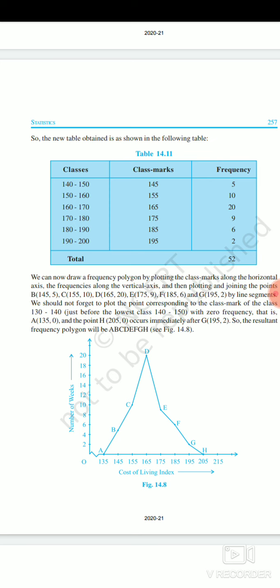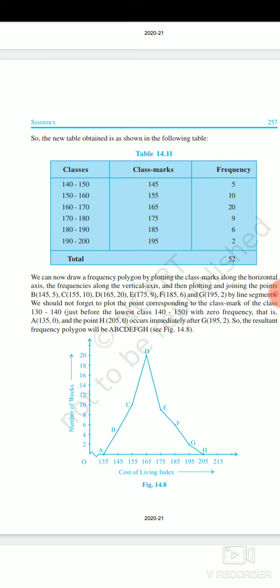Suppose the class width is 20, that is 140 to 160, 160 to 180, like that, then 20 divided by 2, that is 10, you need to subtract from the 140 starting point, and 10 should be added to your last interval, like that you need to draw.